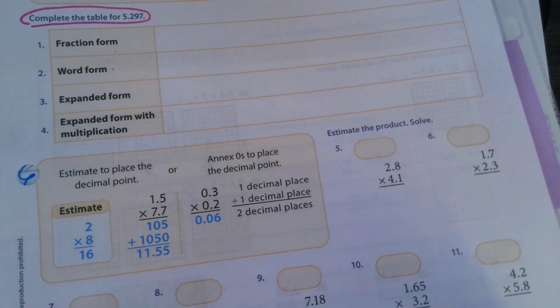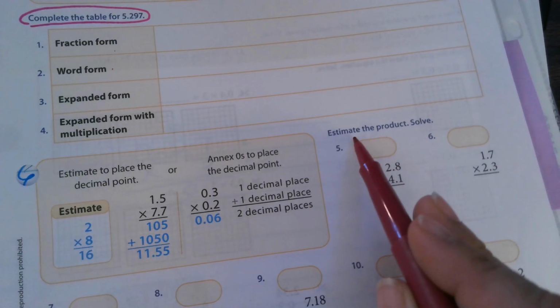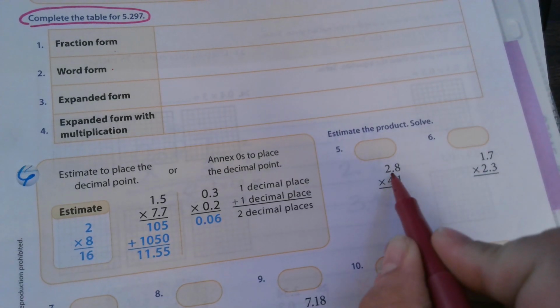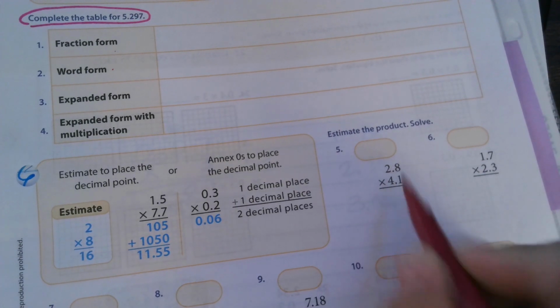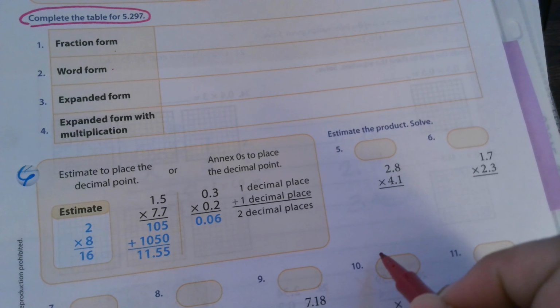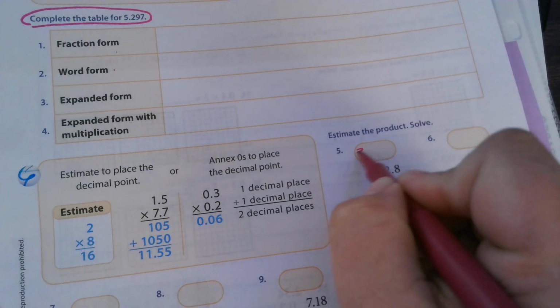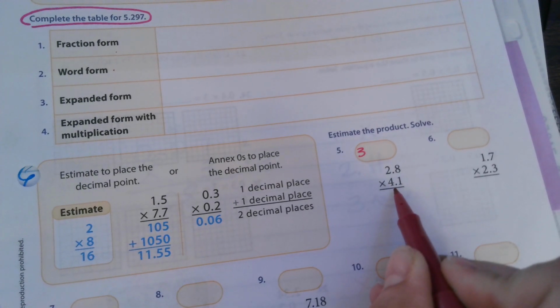Now, real quick, when it asks you to estimate the product, I know we didn't talk about that, but we have in the past. If I look at the factor 2.8, is it closer to 2 or 3? It's closer to 3, yeah. 4.1, closer to 4 or 5? 4.